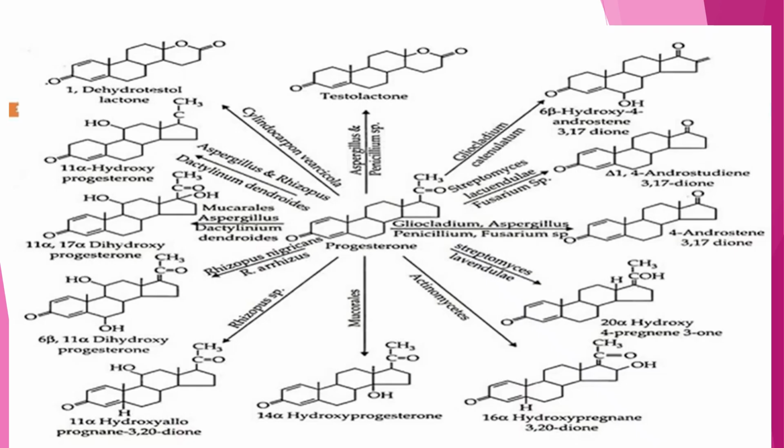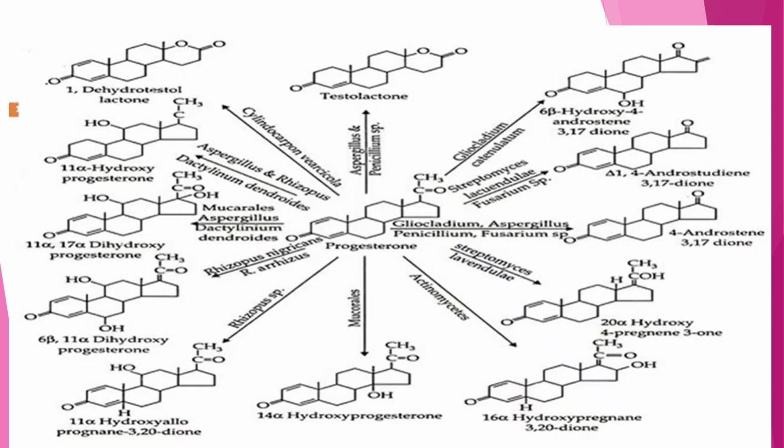Just see progesterone. First of all, if you want testosterone, we can add Aspergillus or Penicillium species. Then progesterone can be converted into 6-beta-hydroxyandrostenedione by using Cladosporium. In the presence of Streptomyces species, you can convert it into androstenedione.